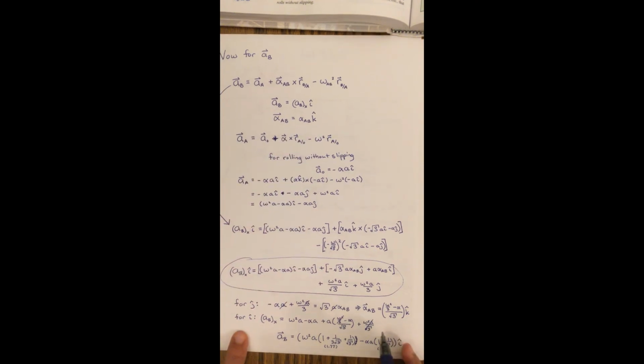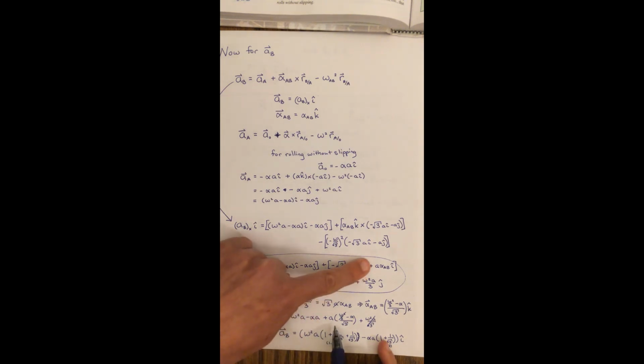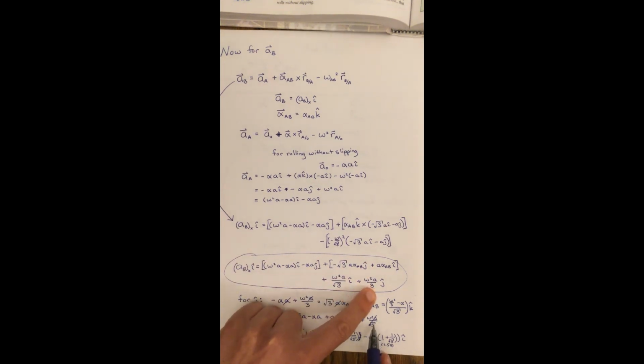Okay, and because we said up here it was going in the k hat direction, we can write this as a vector. Now, looking at the i hat terms, we have a_BX, we have our omega squared minus alpha A, plus, here we have A times angular acceleration of AB, so that's what we found here. So take this, put it in here, that gives us this, plus omega squared A times 3.